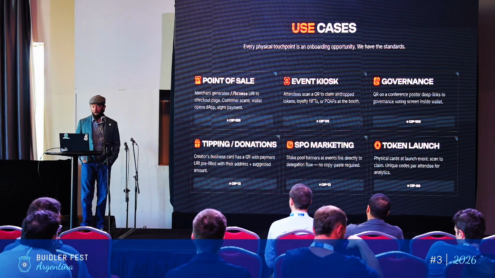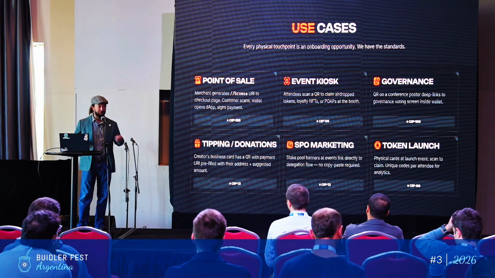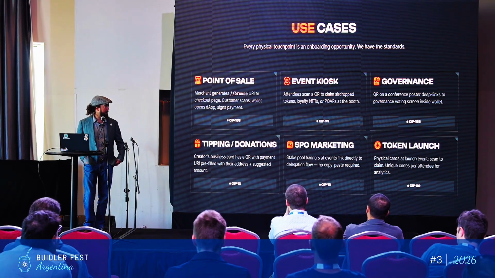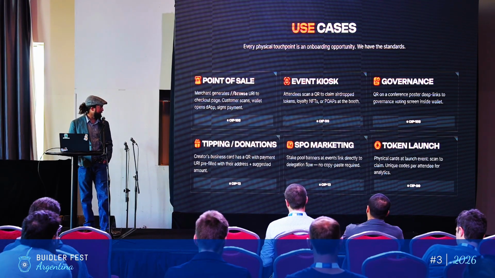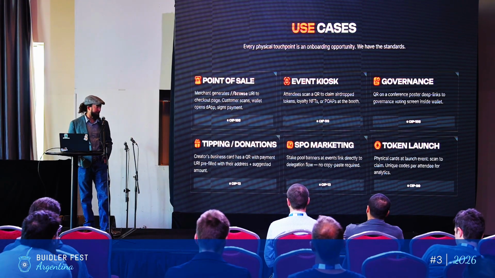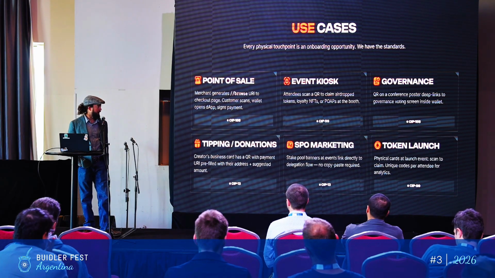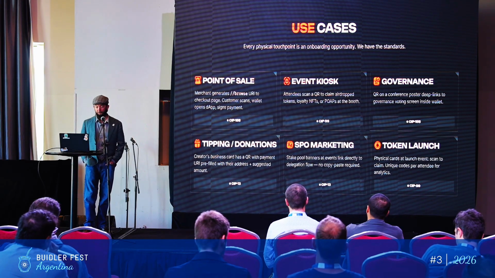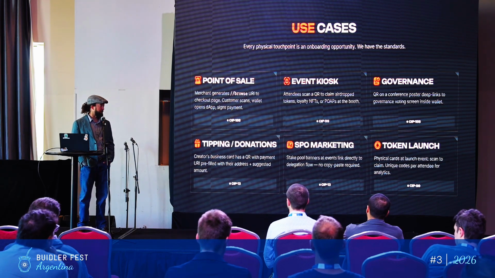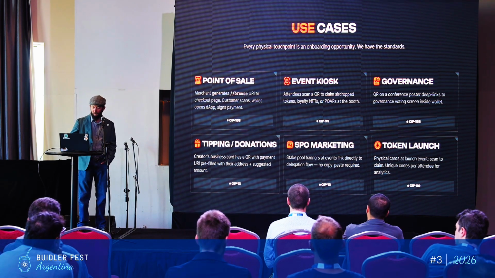Governance, again, DReps can easily advertise themselves and make it easy to find and delegate to them. Tipping and donations via simple CIP-13 or the new pay authority. SPO marketing, and then of course token launches, right? Everybody wants to get their token out there by airdrops, and CIP-99 makes that pretty quick and easy to do.